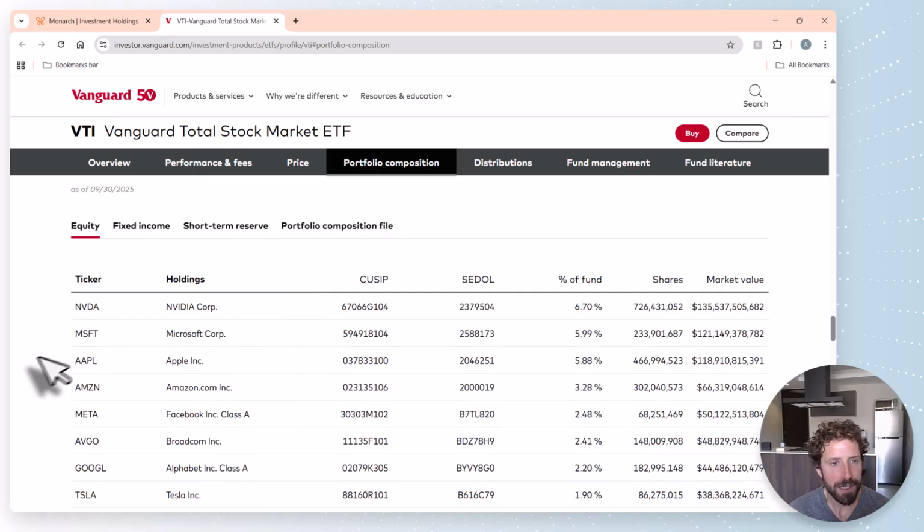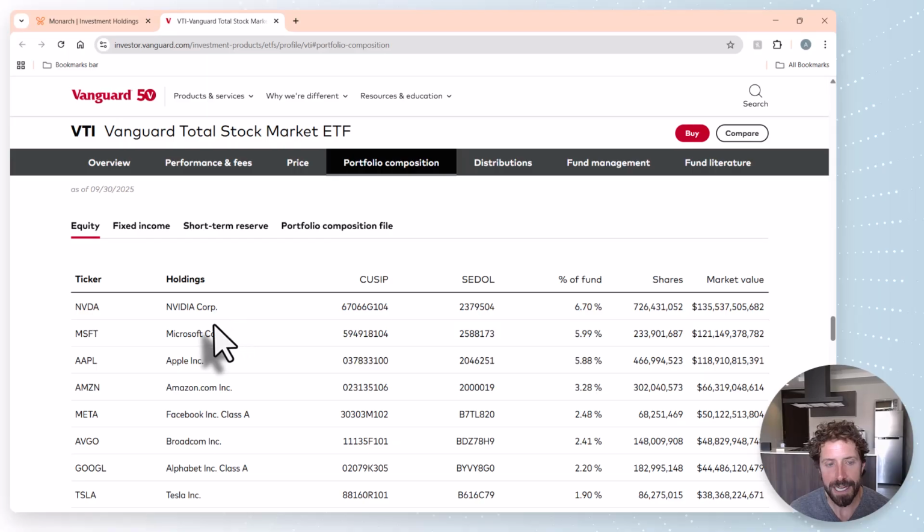So going down here, we can see the individual holdings. And the nice thing about being invested in the total stock market ETF or being invested in VOO, which is a little bit narrower, but still broad in that it reflects the S&P 500, the biggest 500 stocks in the US, is it reflects the dominant players.